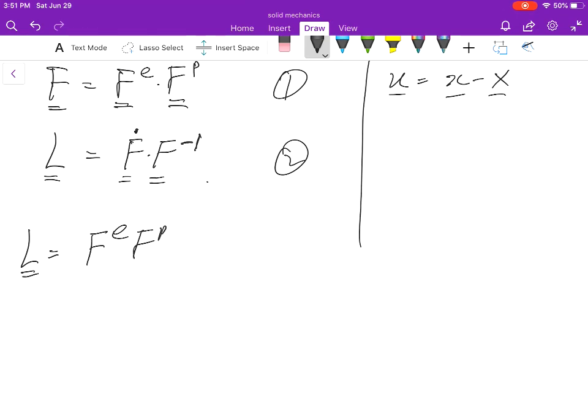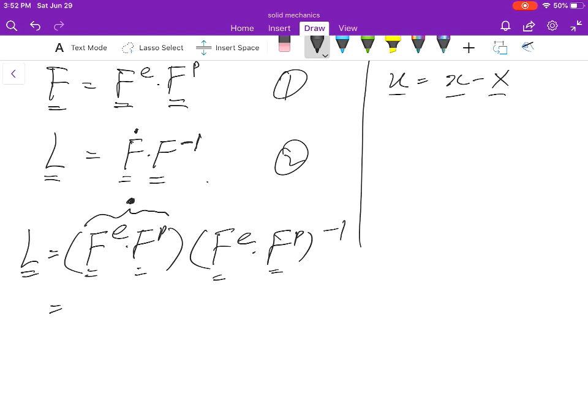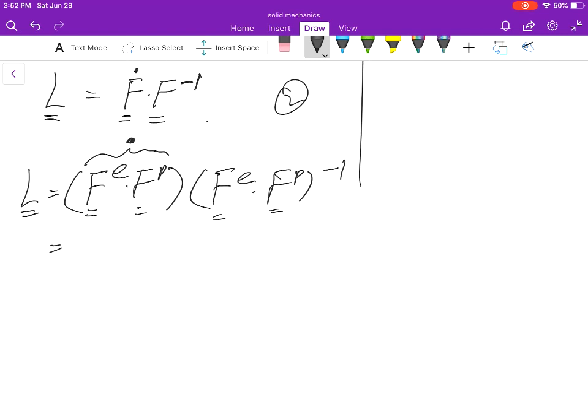Fe, Fp. I will do a quick one because I already did all of this. So this dot is for this whole product, and we substitute that. So remember that Fe dot Fp, it's like this. So this is a simple one. So we do this.